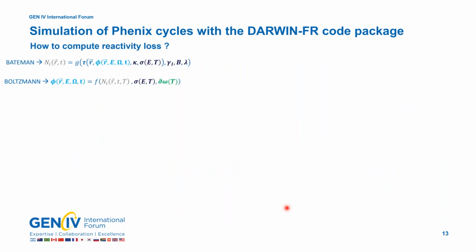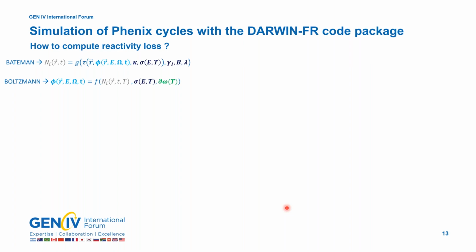So now that reactivity loss is clearer, I hope, how do we compute it? As I said, reactivity loss is related to isotopic composition evolution, and the isotopic composition evolution is governed by the Bateman equation, which depends on some input data and the neutron flux.